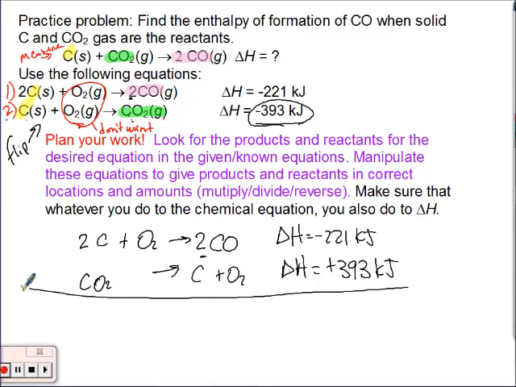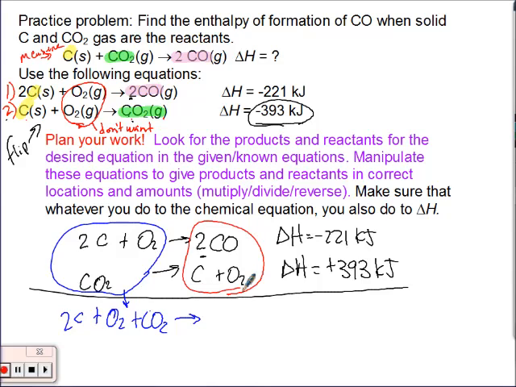Now I'm going to make sure I add these up just to make sure I did things right. So my 2 carbon comes down here, plus oxygen, plus CO2. So everything on this side goes down here. Okay, on my product side, all of this is going to go here. 2CO plus carbon plus O2.